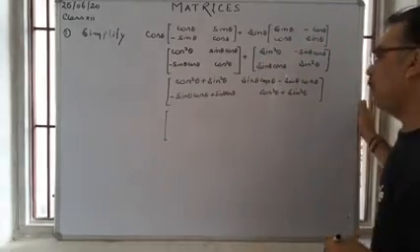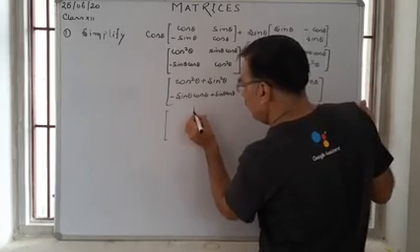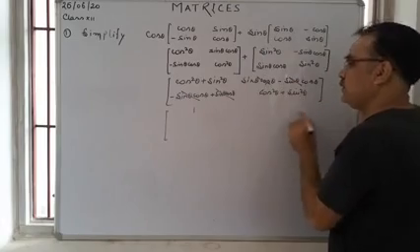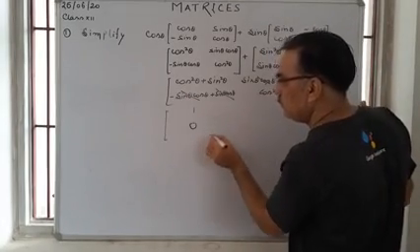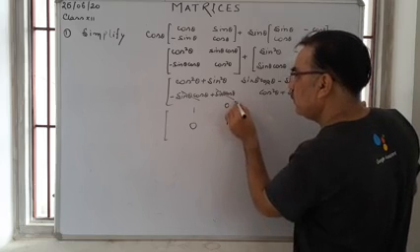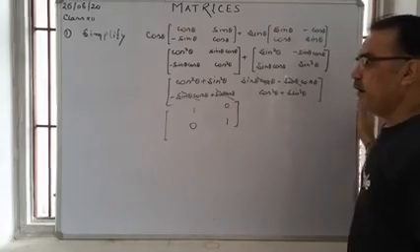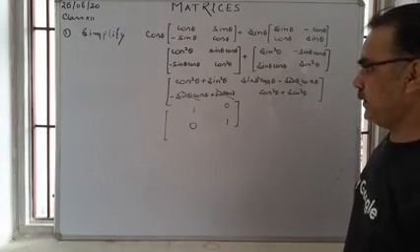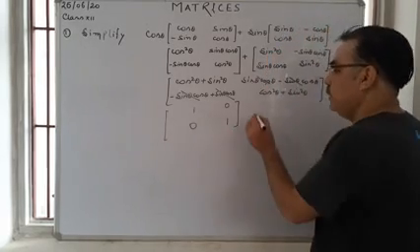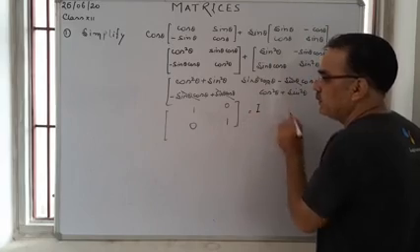Then what happens? Here this will give one value 1, and this term is cancelled out by this one, and this one is cancelled out by this one. 0 here, 0 here, 1. So we get an identity matrix. This is an identity matrix of order 2 cross 2, usually denoted by I.